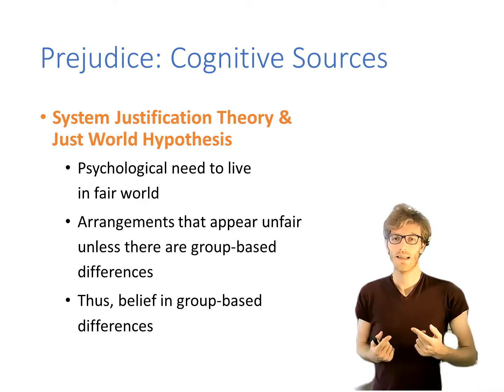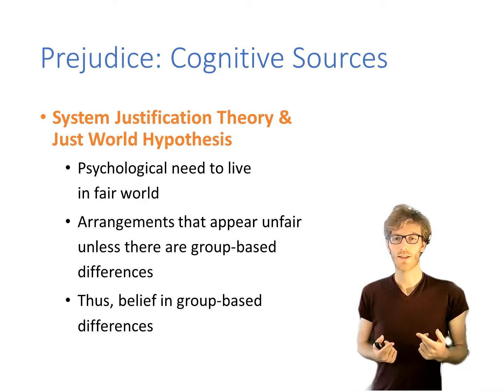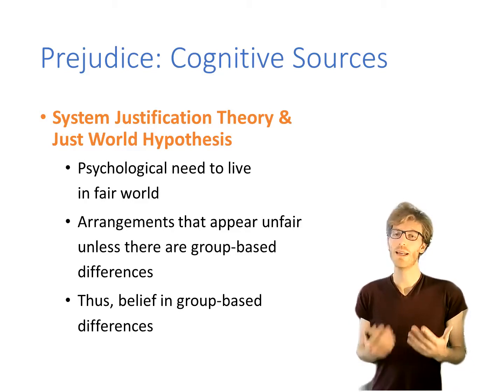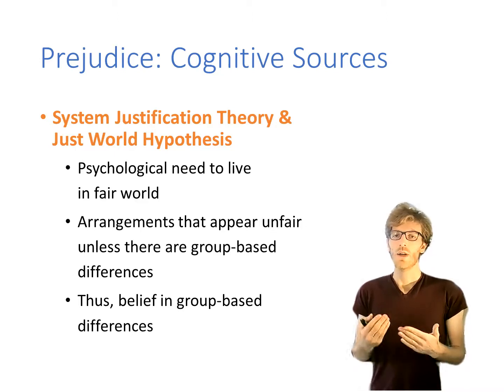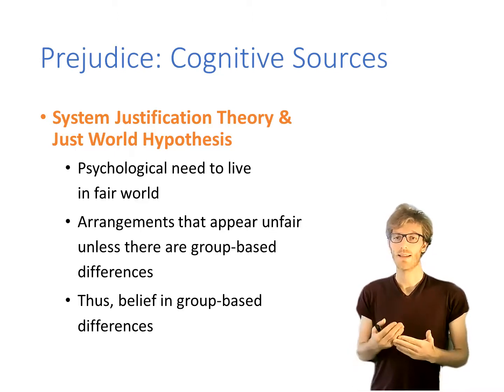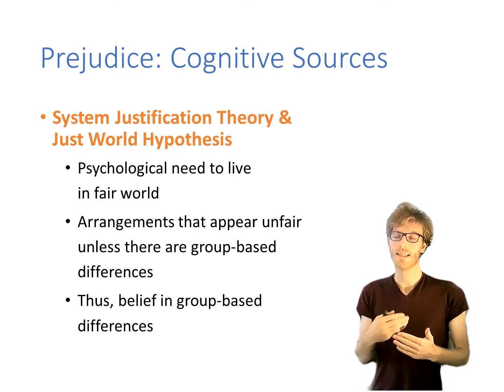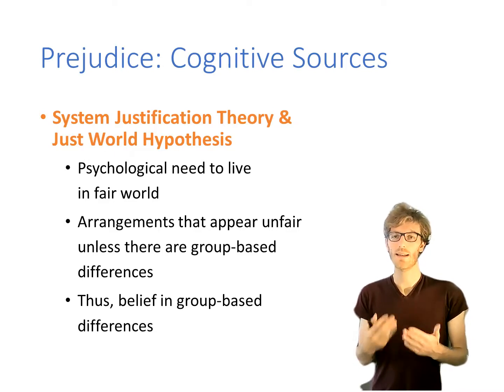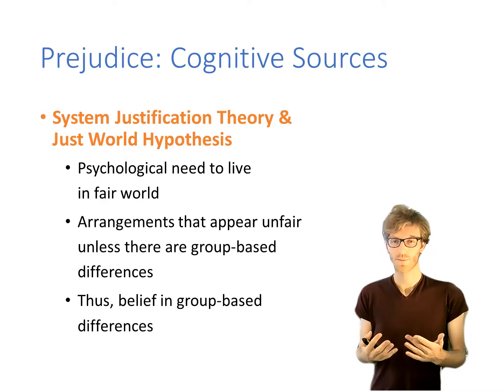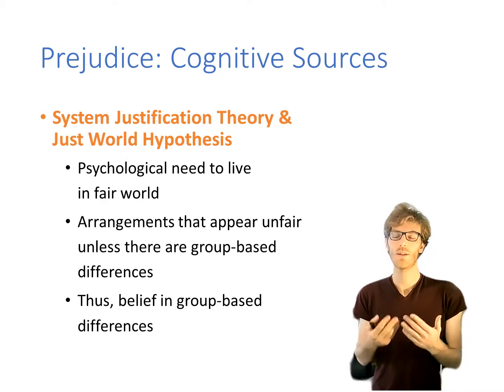And interestingly, this is not just something that privileged groups engage in. Also for groups that are being discriminated against, it's often psychologically helpful in the short term to believe that they live in a just world. So there are studies that show a similar development of beliefs that explain social arrangements in a way that doesn't make them appear unjust, but that explains them using stereotypes.